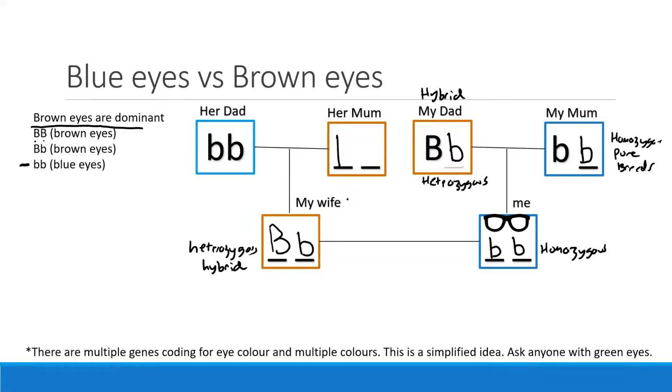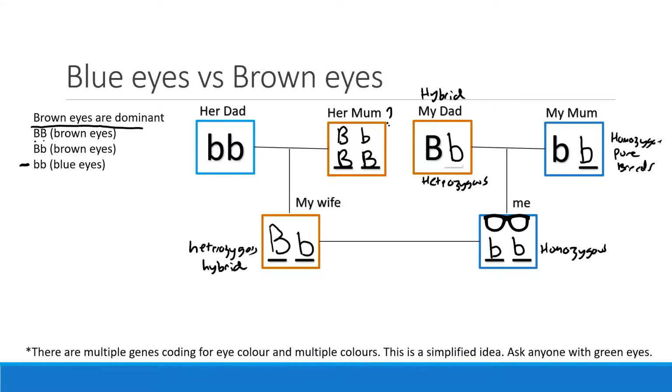She is either uppercase B, uppercase B, because she gave one of her uppercase B's to her daughter, or she's uppercase B, lowercase b, in which case she could give the brown-eyed gene to her daughter, but leave the blue-eyed gene and just not give it to her. So we don't know.